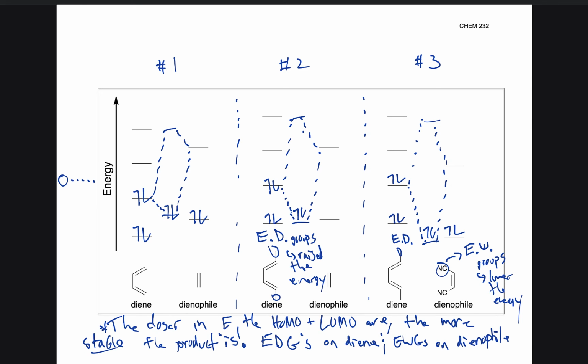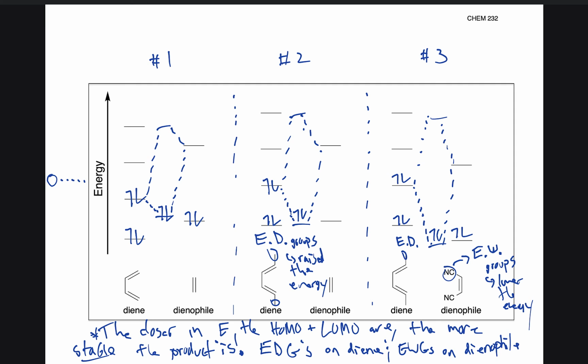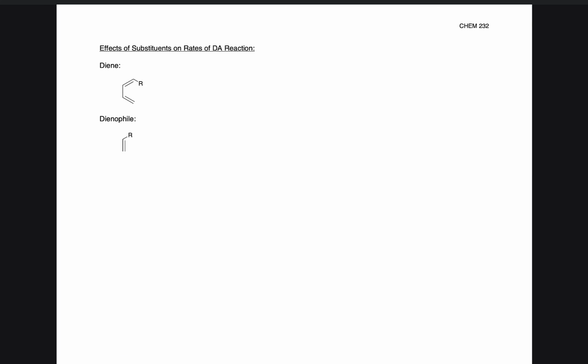And so when we're talking about electron donating groups and electron withdrawing groups, what do we mean by this? For our diene, we're talking about electron donating groups. We want groups that donate electrons, meaning anything bonded to that carbon, we want it to be electron donating.